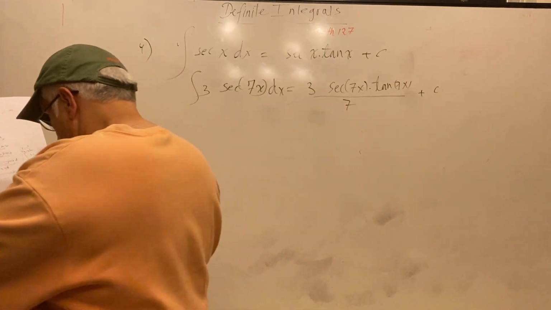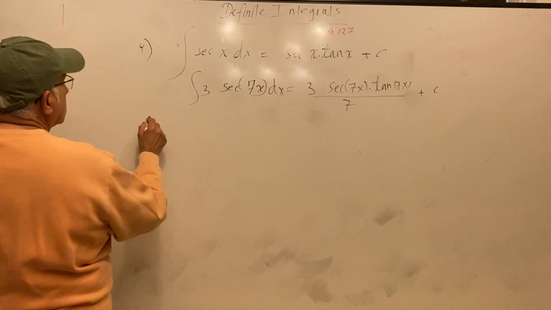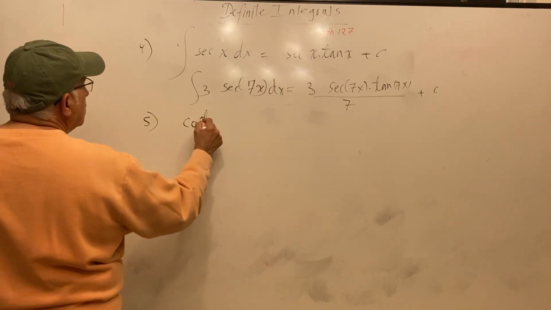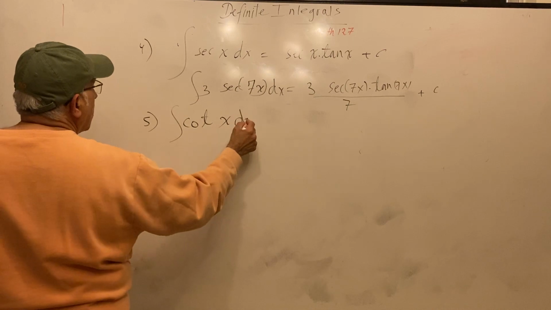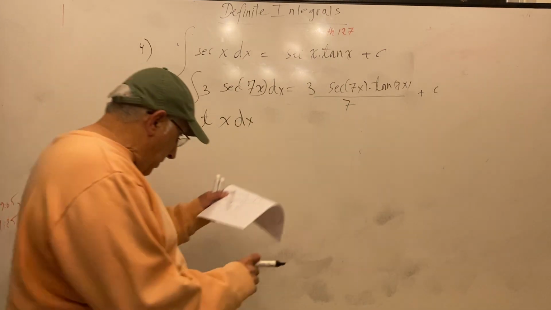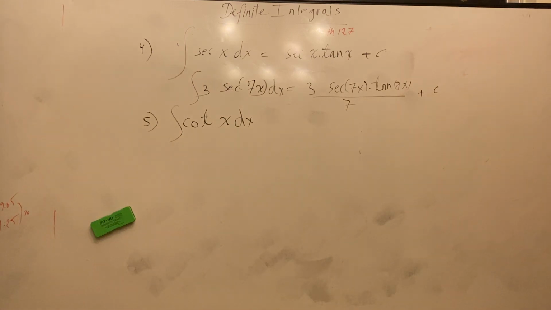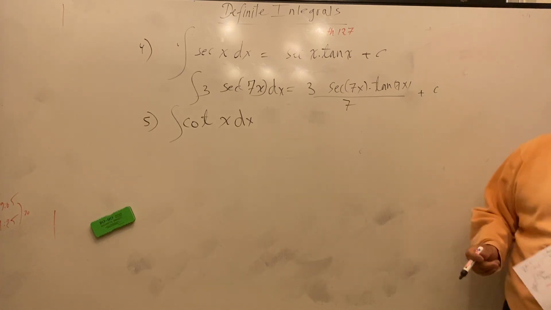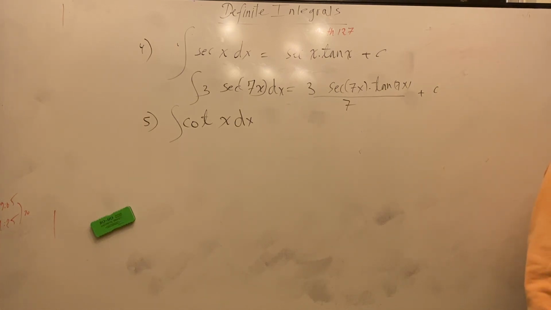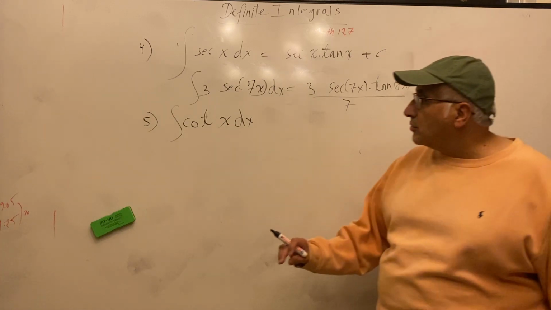What's the other ratio you have here? The cotangent. What is the integration of cotangent x with respect to dx? We don't have anything called cotangent.